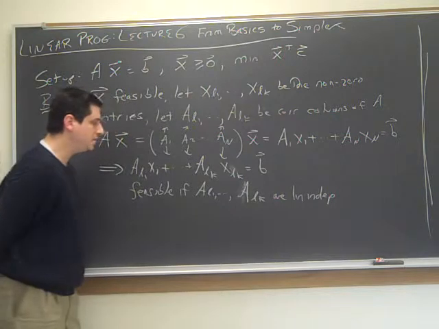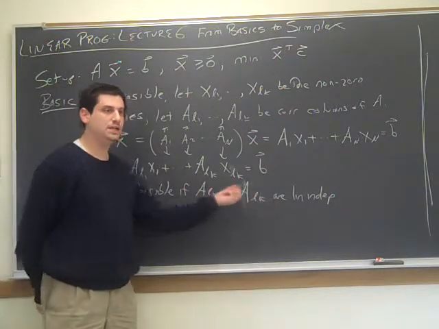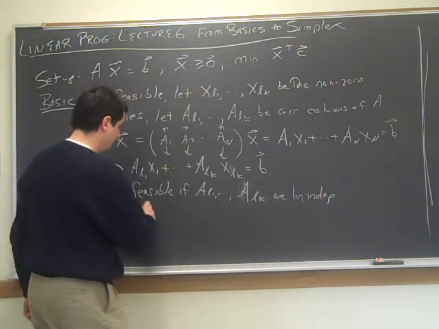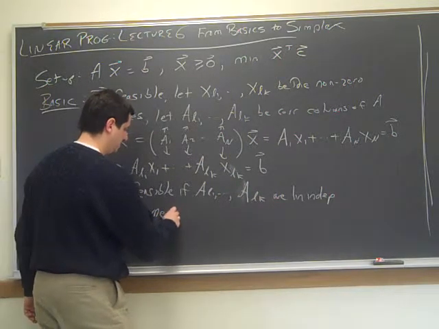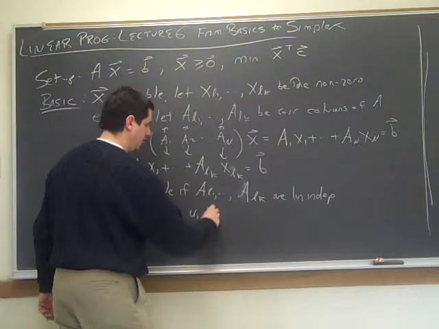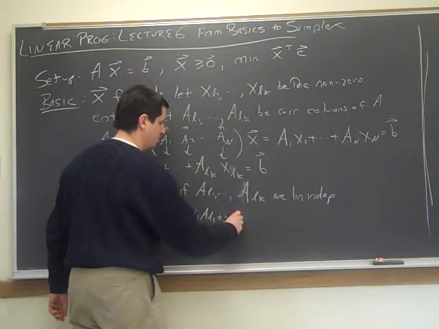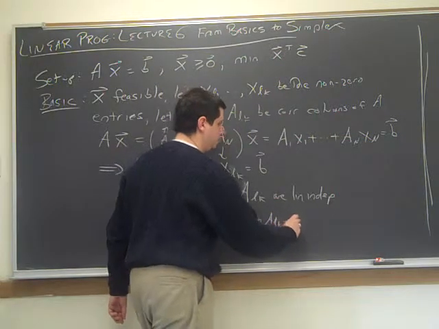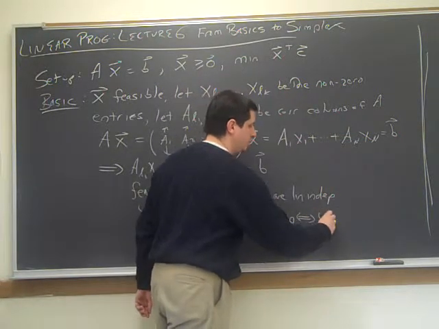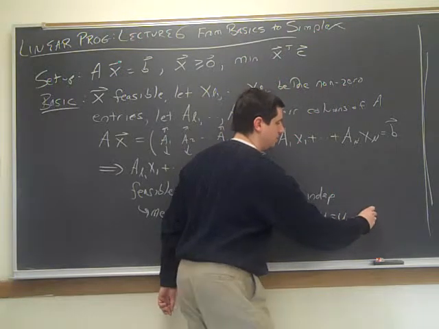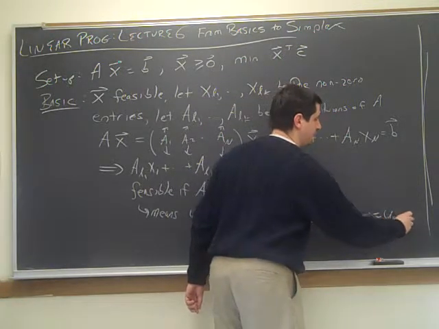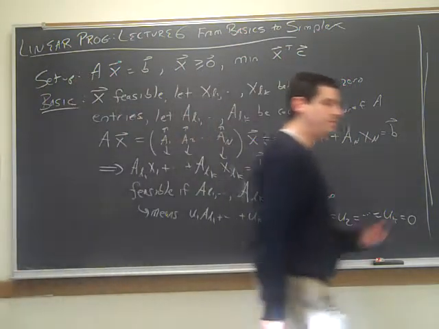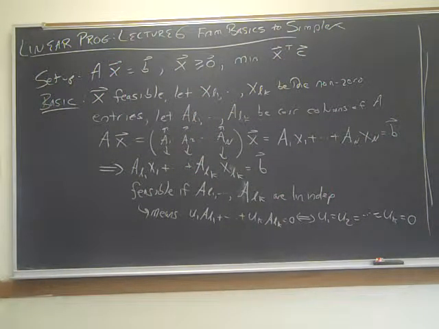And so remember, linearly independent means that the only linear combination of these that vanishes is when all the coefficients are 0. That means u1 A_L1 plus ... plus uK A_LK equals 0 if and only if u1 equals u2 equals ... equals uK equals 0.